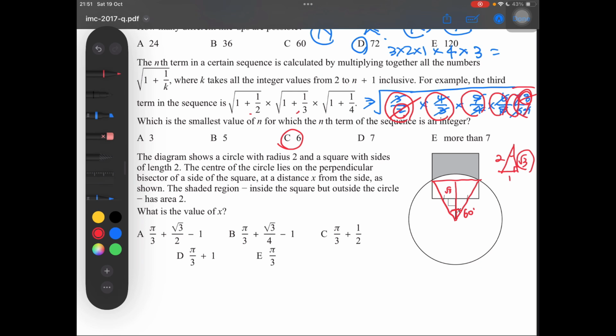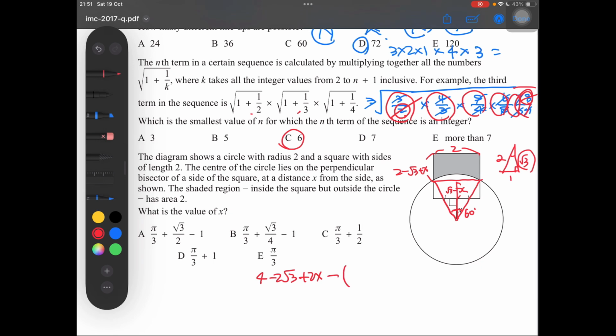So this is square root 3 minus x from here to here. Which means here is 2 minus square root 3 plus x, and this is 2. So the area of the rectangle is 2 times 2 minus square root 3 plus x, which means 4 minus 2 square root 3 plus 2x.